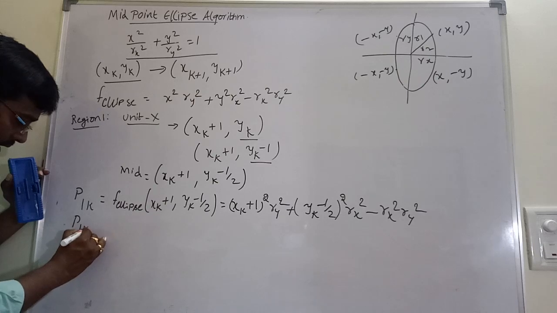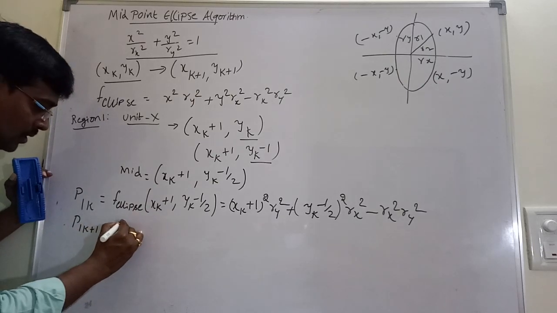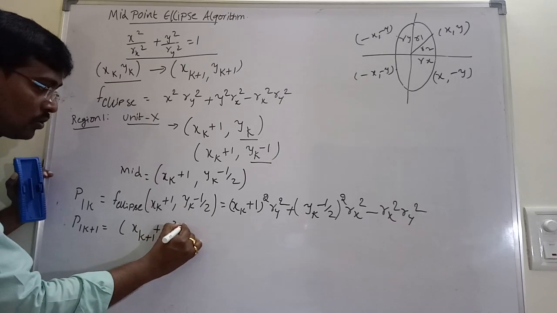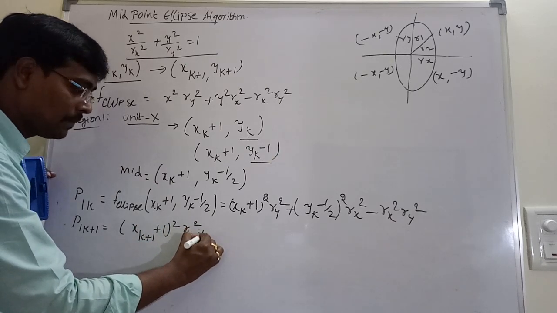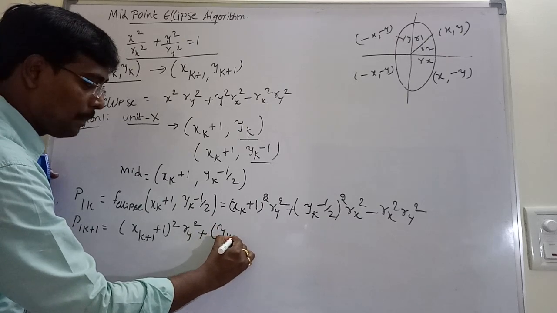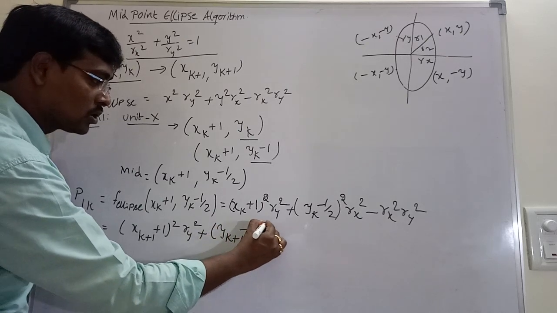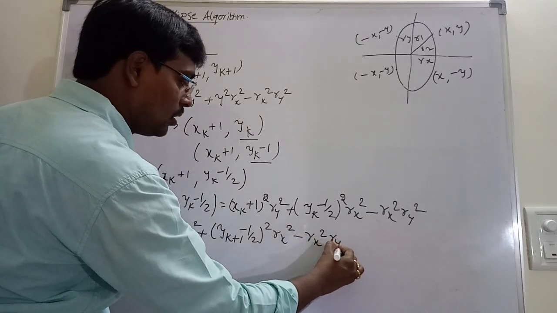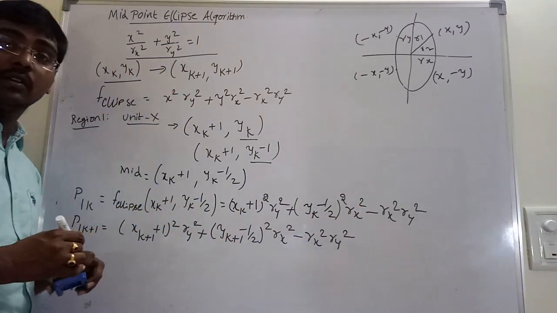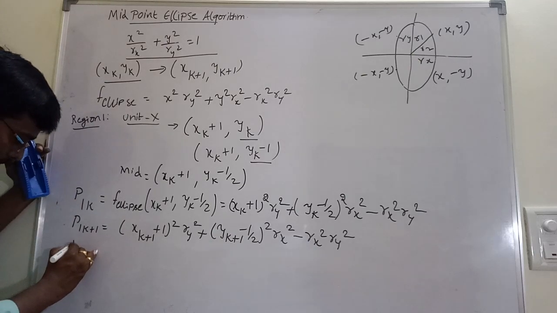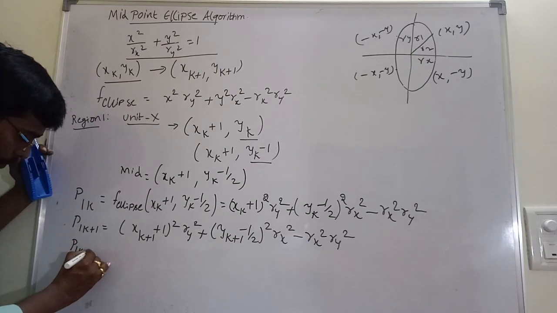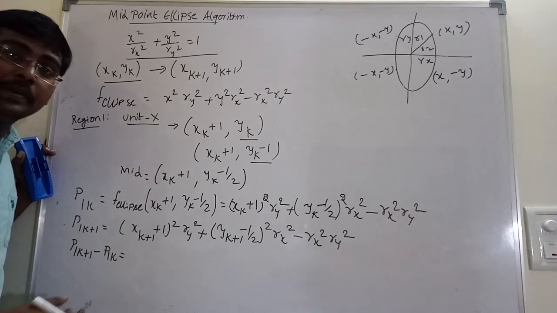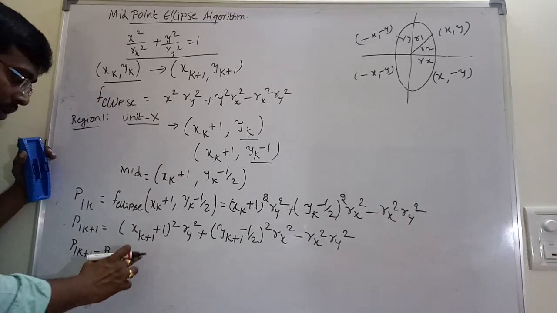Now p1k plus 1 is simply xk plus 1 whole square into ry square plus yk plus 1 minus half whole square into rx square minus rx square into ry square, simply writing k plus 1. Perform p1k plus 1 minus p1k.